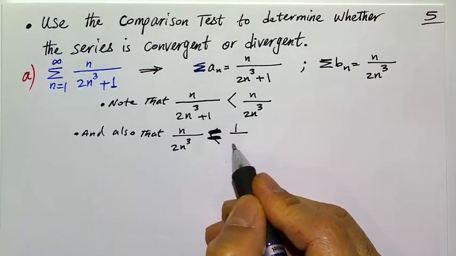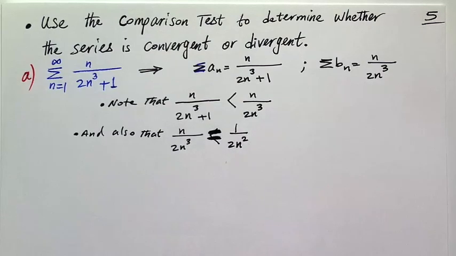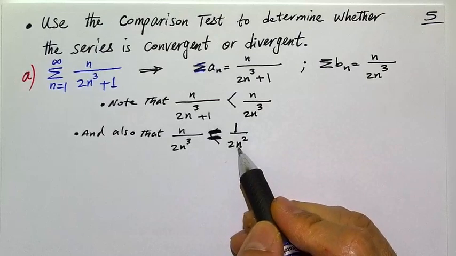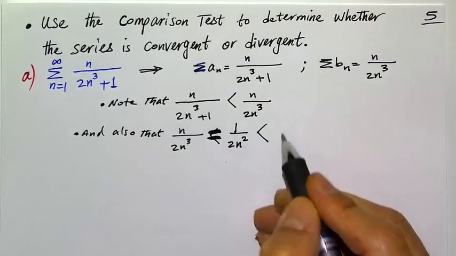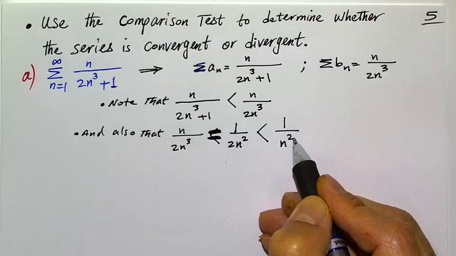We get 1 over 2n squared, right? Now this is for sure less than 1 over n squared.